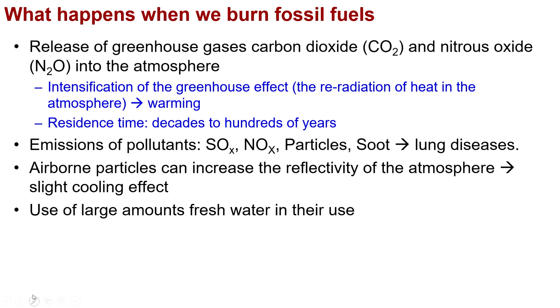Not only carbon dioxide, but also other gases like nitrous oxide are released into the atmosphere. These gases intensify what we call the greenhouse effect. Basically, the greenhouse gas effect, as we will see later on, is about re-radiation or trapping of heat in the atmosphere around the earth, and this is what leads to warming of the earth.